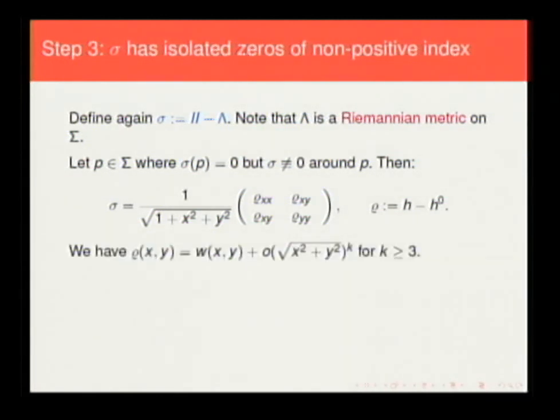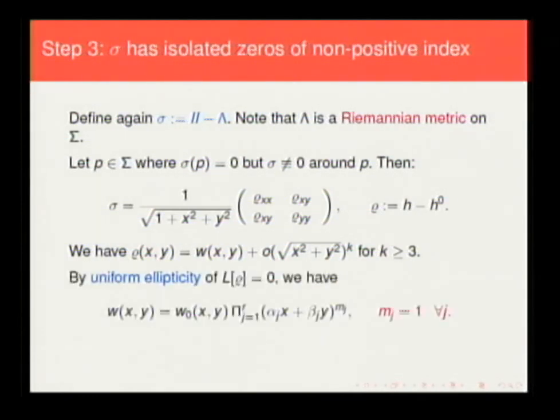If we consider the first polynomial in the series defining rho, using the uniform ellipticity, we obtain that this homogeneous polynomial can be written as a polynomial with no zeros times a product of linear combinations where the exponents here are necessarily equal to 1. This is the consequence of the fact that the ellipticity is uniform, that these exponents are equal to 1.